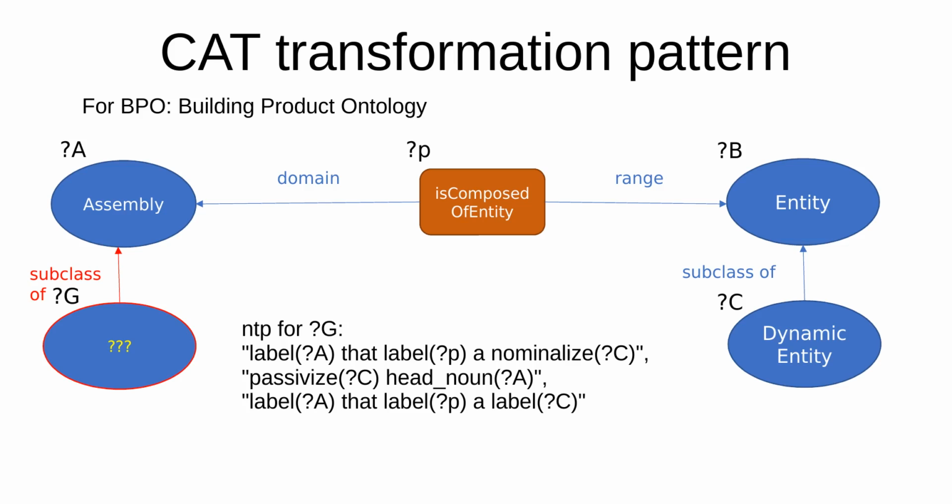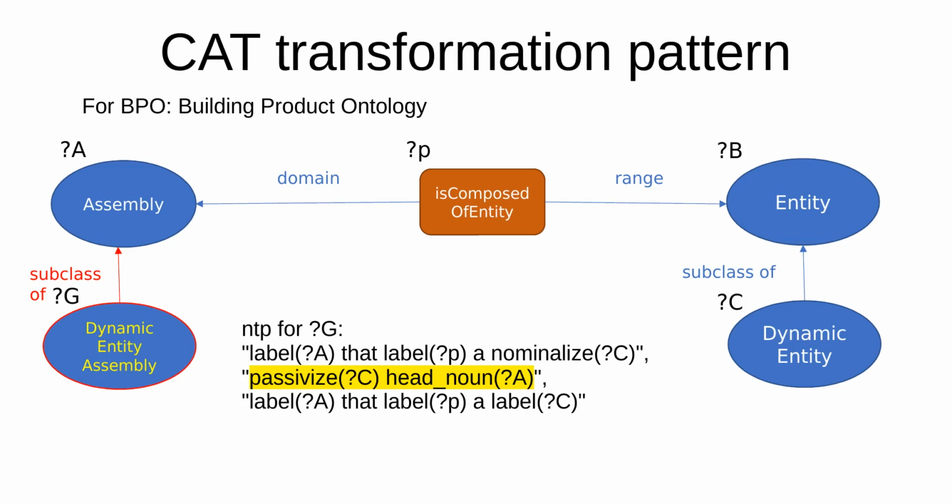So here are some naming instructions again. For the first one, the result is the label assembly that is composed of entity. This is rather clumsy, not very bad, but also not very good. So we can check another one, dynamic entity assembly.